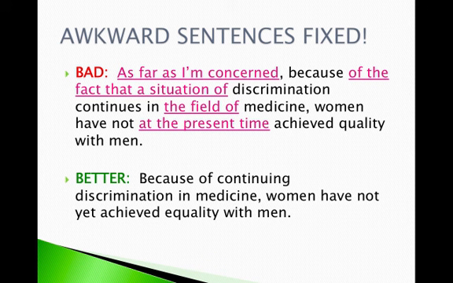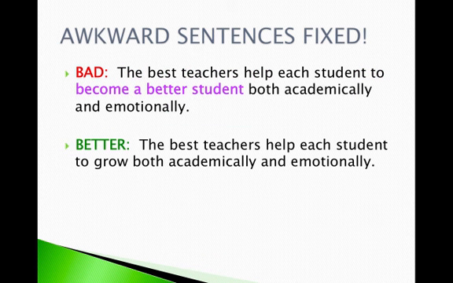Much shorter, more to the point, more concise, and a better argument all the way around. The second one, remember, it was bad because it was repetitive. Instead of saying the best teachers help each student to become a better student, it says the best teachers help each student to grow, both academically and emotionally. So you're saying the same thing, but you're saying it in a more efficient manner.